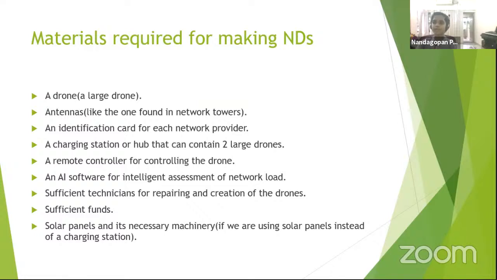So if a place needs higher network, these drones can travel to that place and provide the sufficient network. Then we need sufficient technicians, sufficient funds, and if we are planning to use solar panels, then we can add these and its necessary machinery.